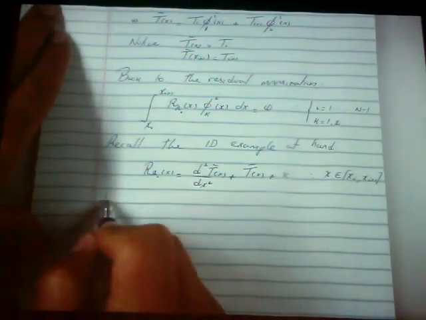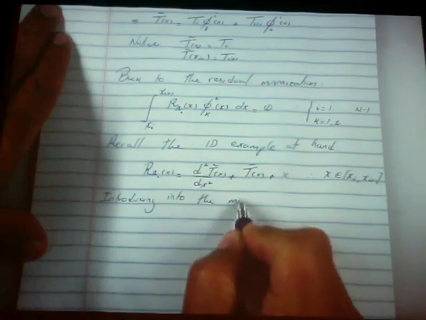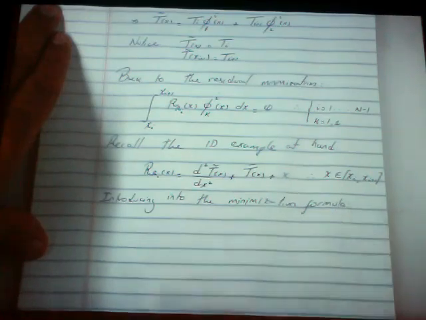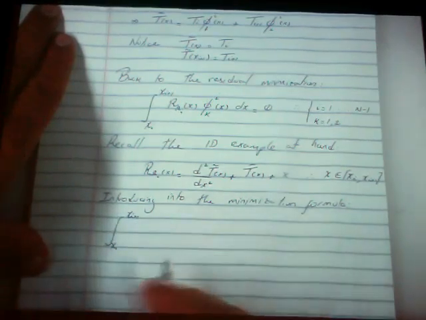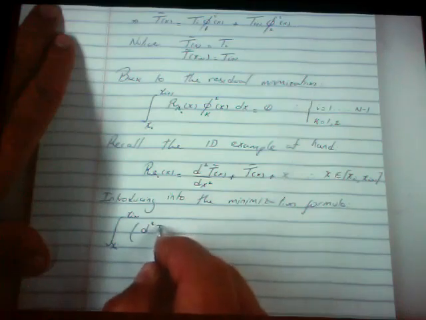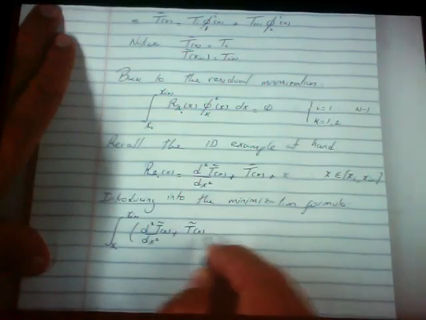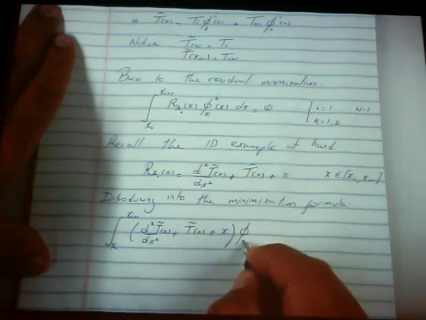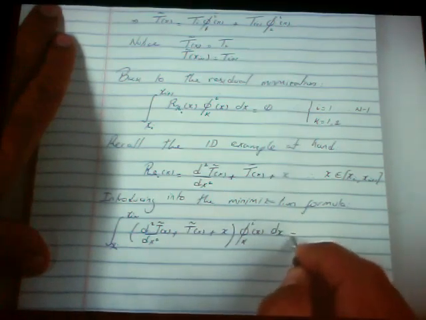So if we introduce this into this equation, reducing into the minimization formula, we now have the integral from xi to xi plus 1 of the residual, which is all of these, plus a shape function of element I, dx must be equal to 0.